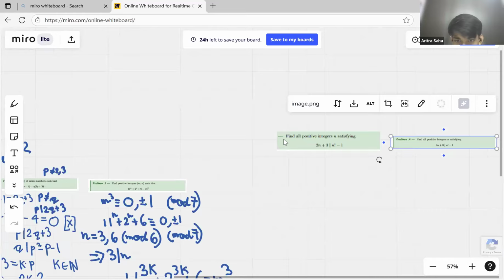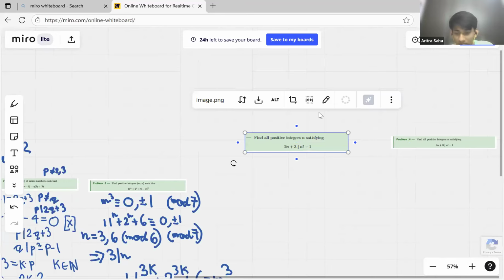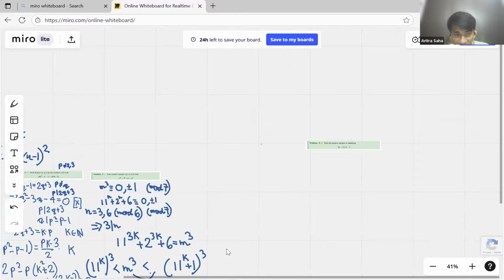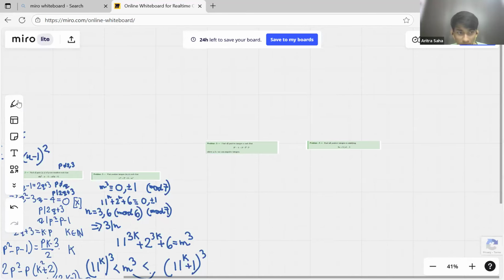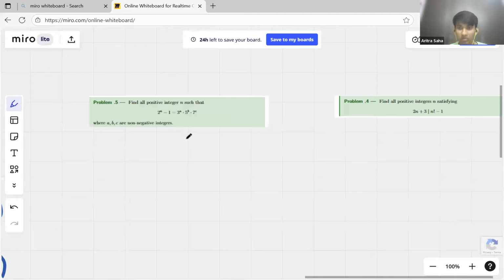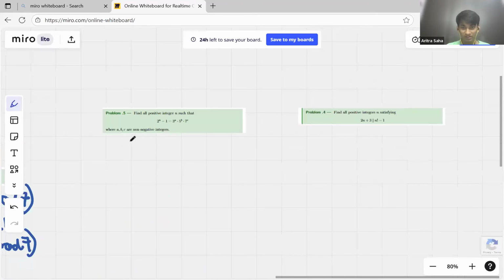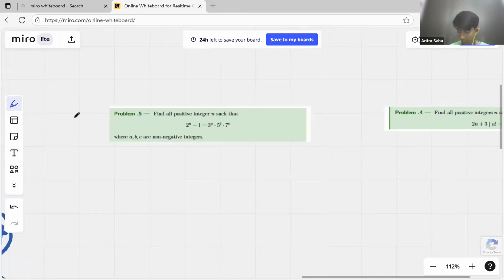Did it change both the problems? What happened? I'll paste the first problem again. Try this problem first. If you're done with this, then try problem 4.